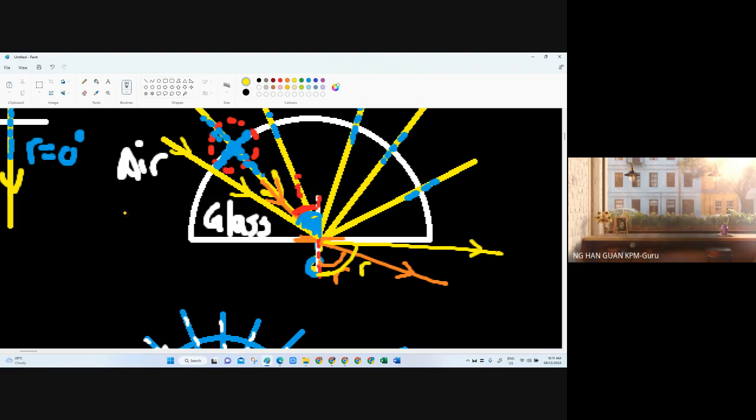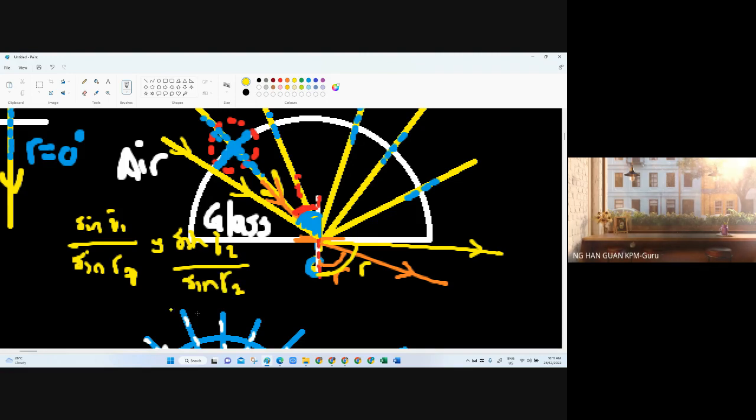They need to obey this relationship, which is sin I1 over sin R1 must equal sin I2 over sin R2, because the ratio shows the refractive index. It must obey this ratio, so that's why I always have this result.